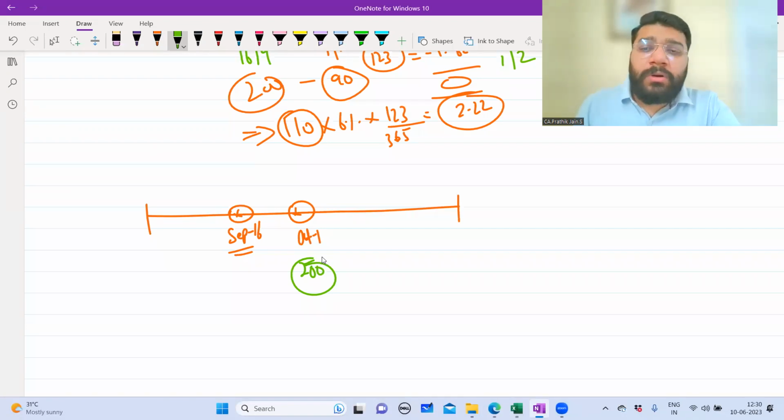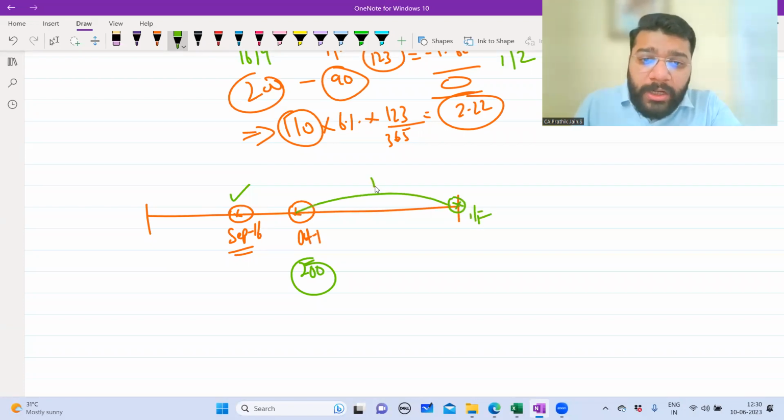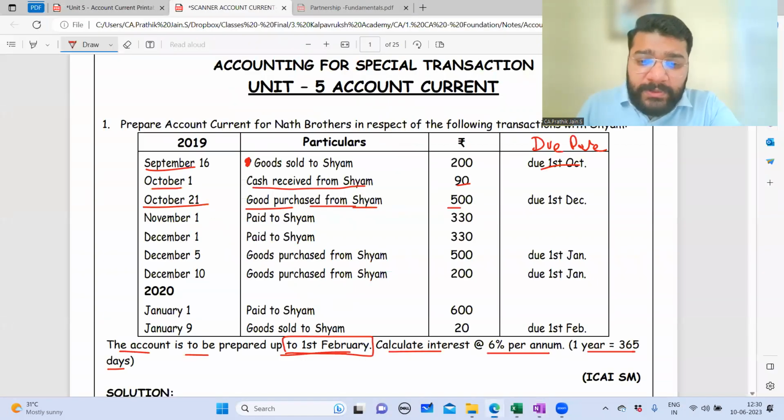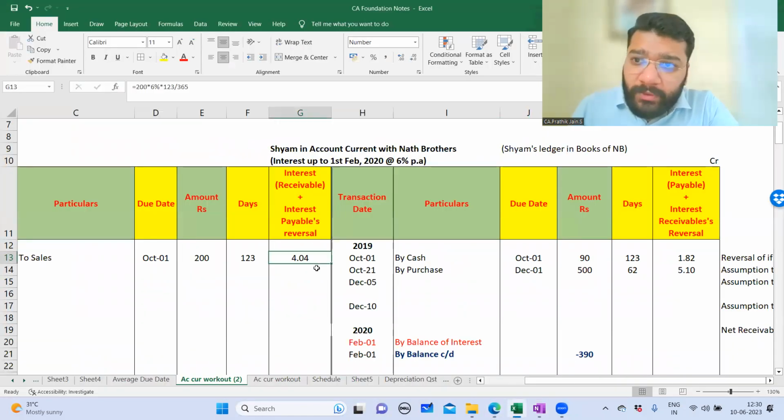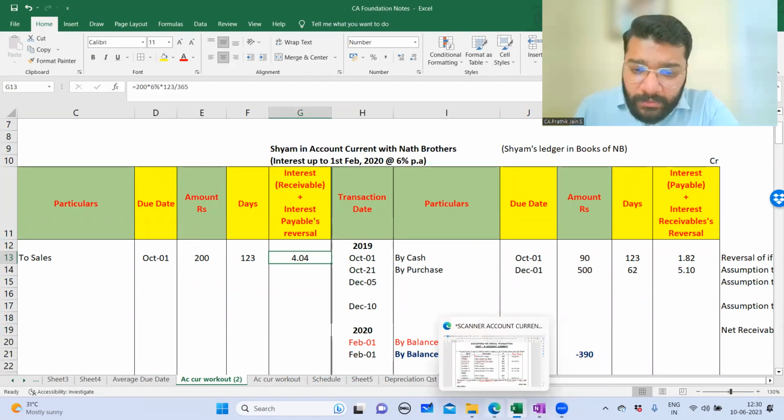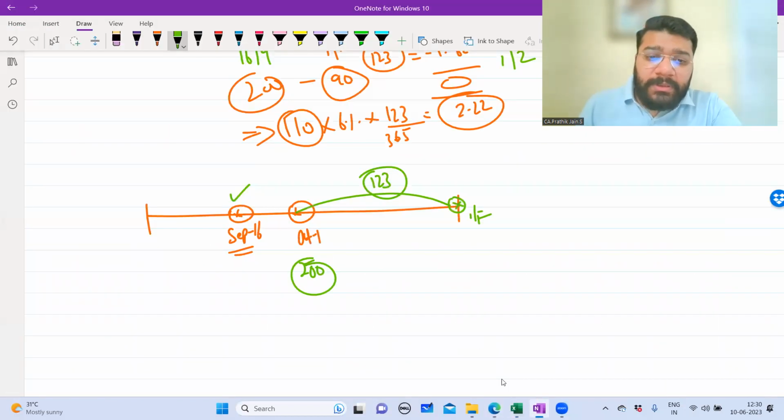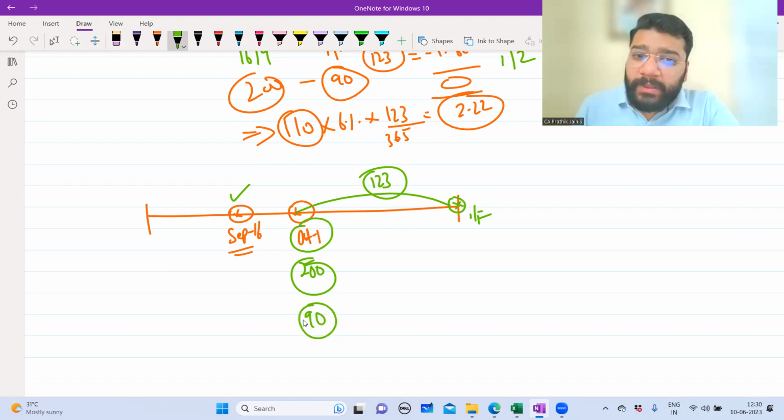When you make a sale transaction, we are agreeing that we are not receiving the payment till 1st February. So for 123 days we calculated the interest, which is 4.04, correct? Yes, sir. But this fellow has made a payment on the due date of how much money? 90 rupees.